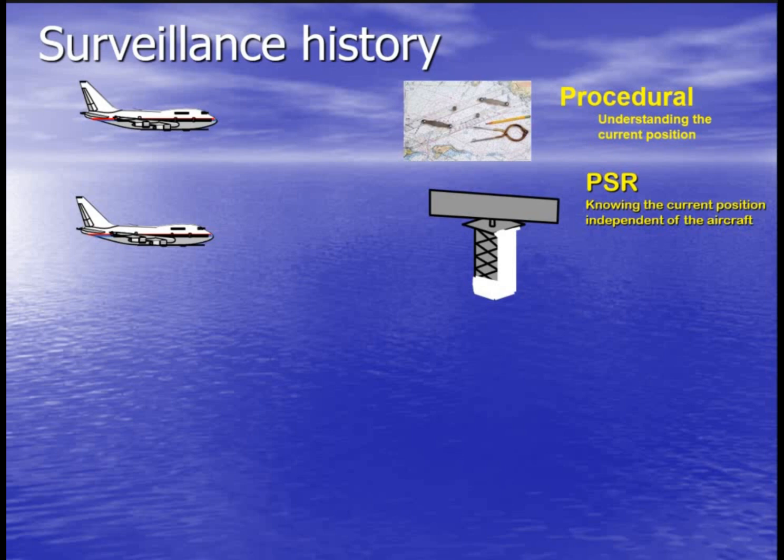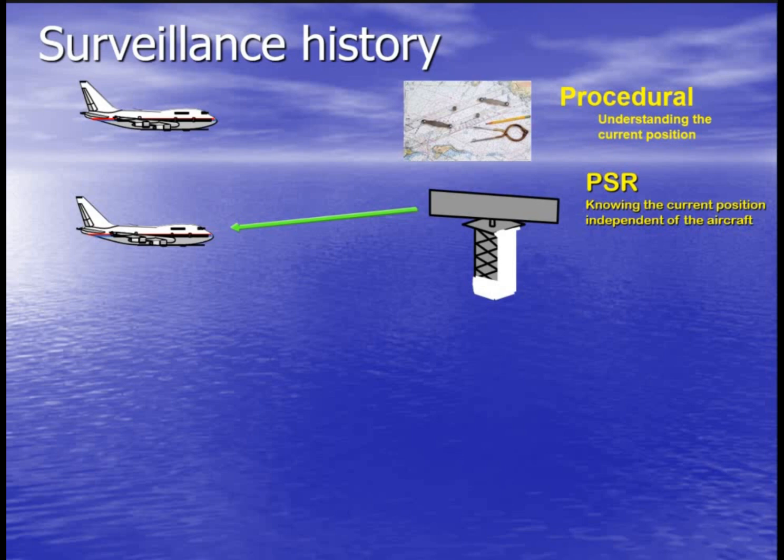Now, this is a surveillance radar system which uses reflected radio signals. In this separation method, the radar antenna emits a pulse of radio wave, and upon reaching an aircraft, the wave is reflected.